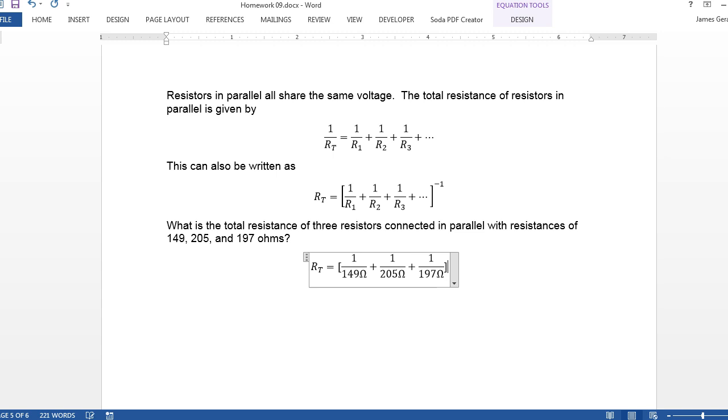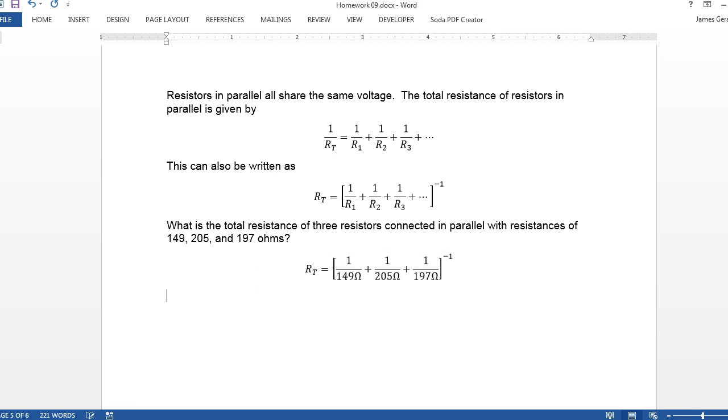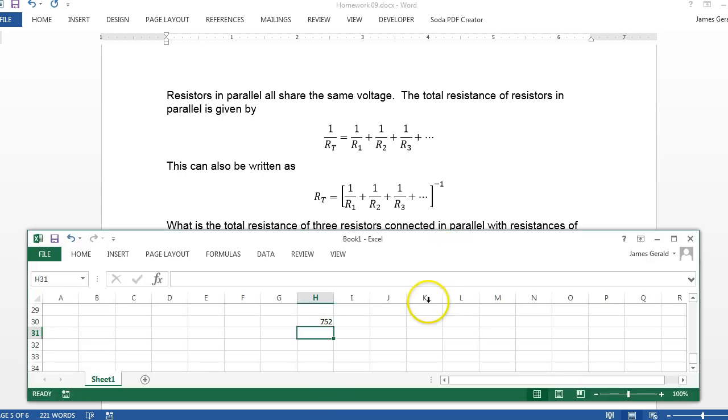And then we have to take whatever we get out of that and invert it to get the total resistance.